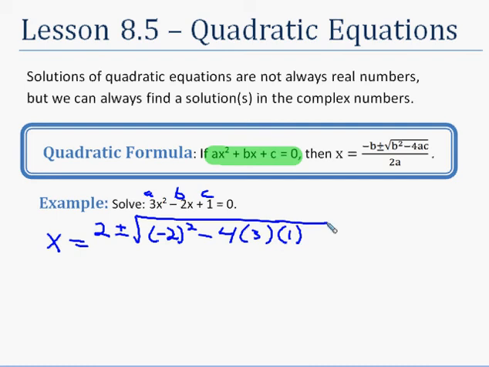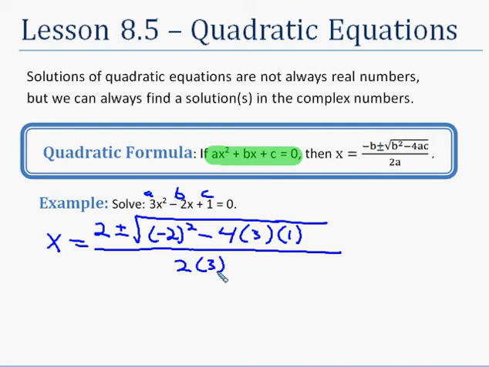Please put your square root over the whole thing, and put your fraction bar under that whole thing, all divided by 2a, so 2 times 3. And now it's just a matter of simplifying.